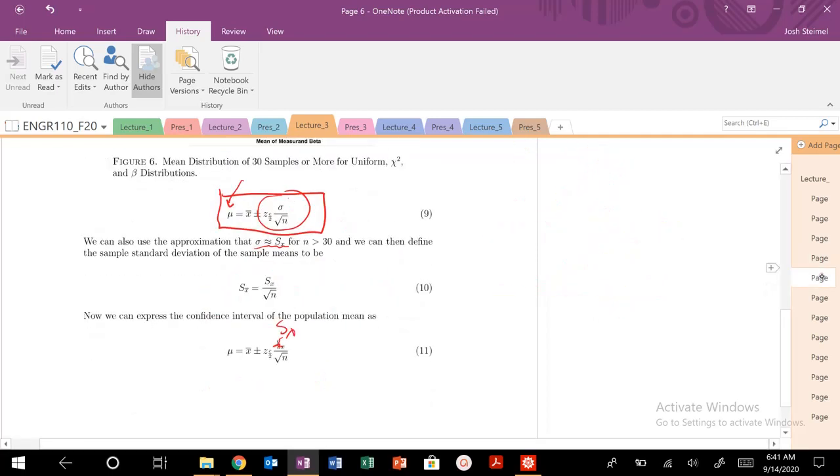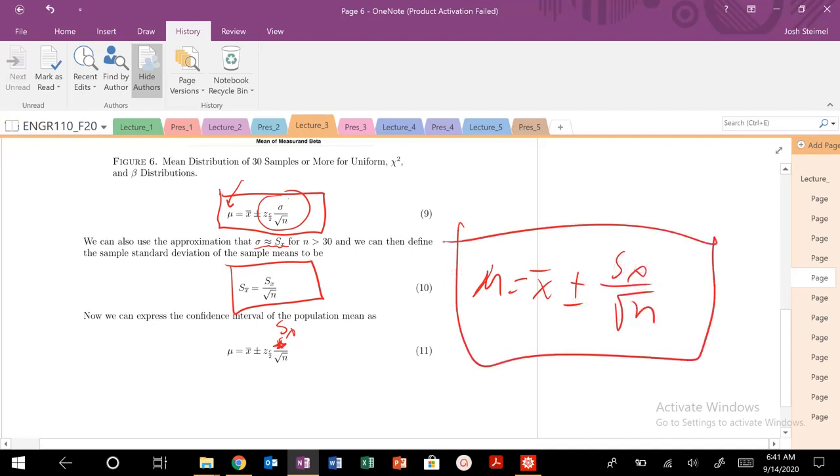That's all this means. Again, sorry for that typo. So our true population mean will fall within these bounds, x bar plus or minus s sub x over square root of n. That's it. This is the result of our central limit theorem discussion.